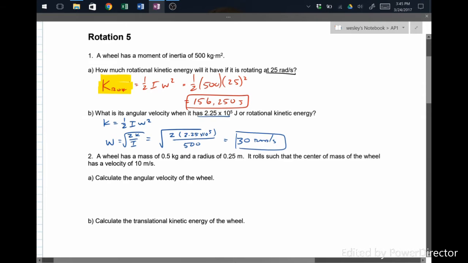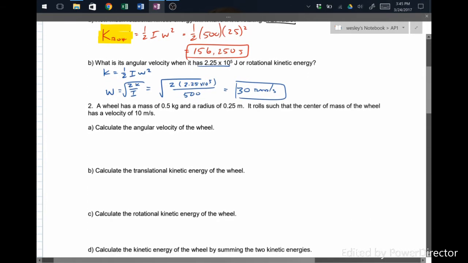Nothing more than that. Okay, so a wheel has this mass, this radius, and it rolls such that the center of mass has a velocity of 10 meters per second. I want the angular velocity of the wheel, K. So in this case, we're rolling without slipping.